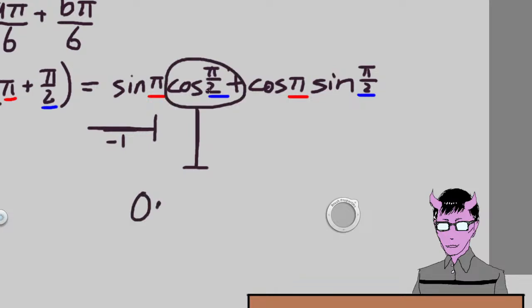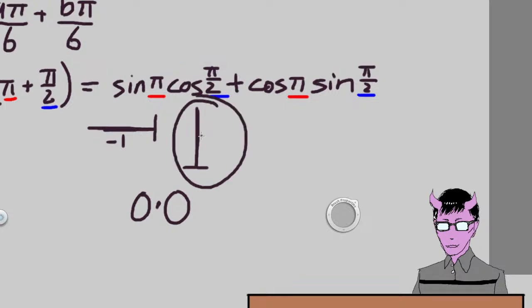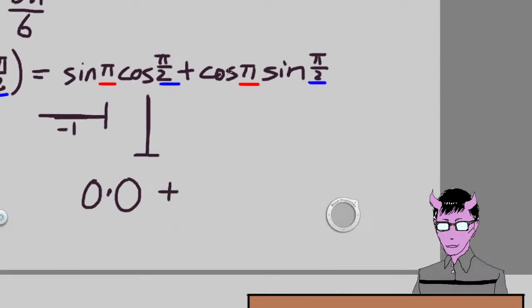And funnily enough, this one is also 0, right? Because for this collapsed triangle, there's quote-unquote no adjacent. So 0 times 0 plus, this is going to be cosine of pi. It's this one right here, where we have a quote-unquote negative adjacent.